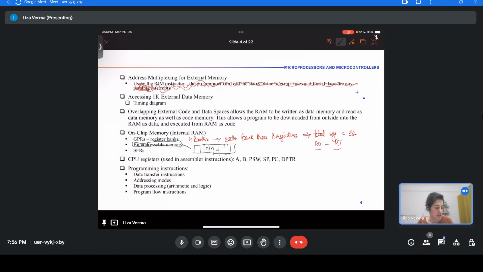Then we have SFRs. SFRs are special function registers. I think Sir is going to discuss these more in further classes. So, how many SFRs are there in 8051?